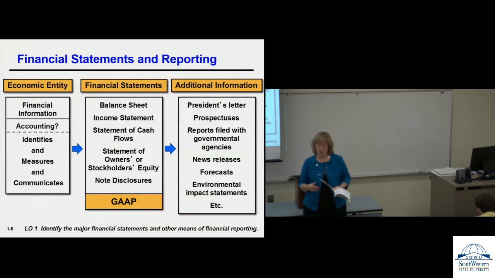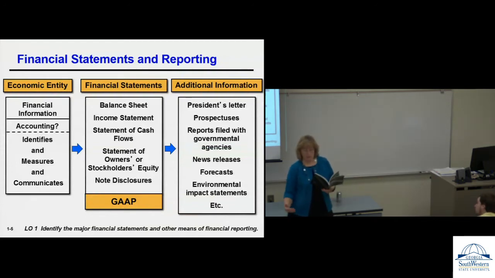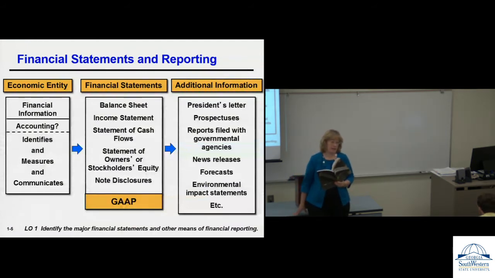Now, how would a shareholder look at this company? What is the main thing that a shareholder would be interested in? Earnings per share. Where do we find that? Statement of owner's equity? No. Where do we find earnings, period? Income statement.